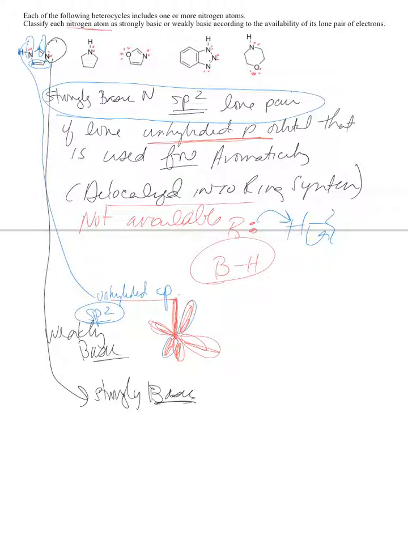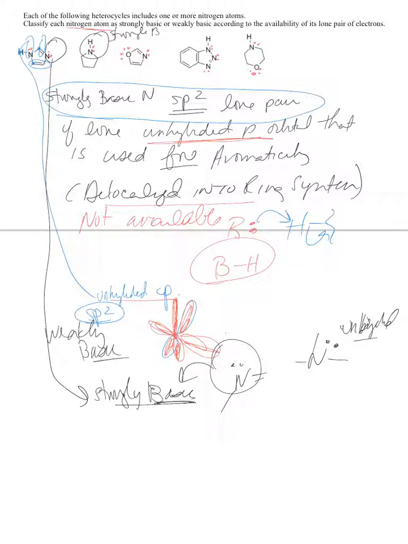Now, if you notice, if the nitrogen has a double bond to it, then the lone pairs on that nitrogen typically are strongly basic. If the nitrogen has a single bond, then those electrons end up being unhybridized. Let's see if you can look for this. This one here, this one's going to be strongly basic. Okay, these on this next compound are strongly basic.